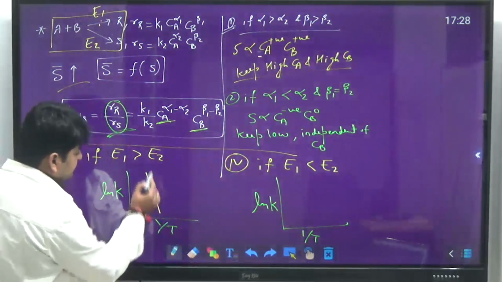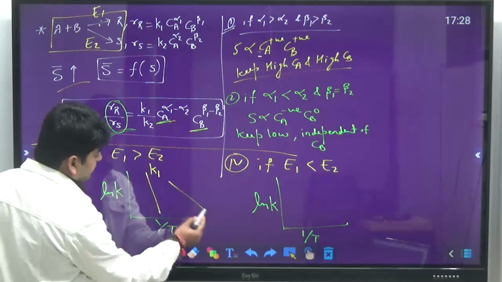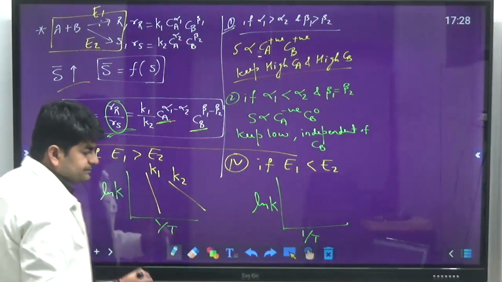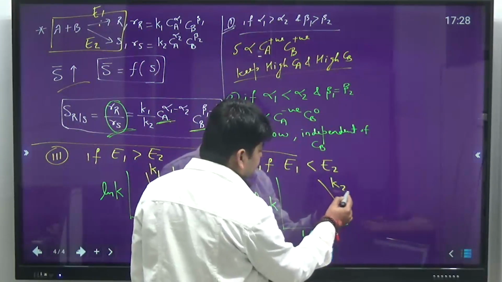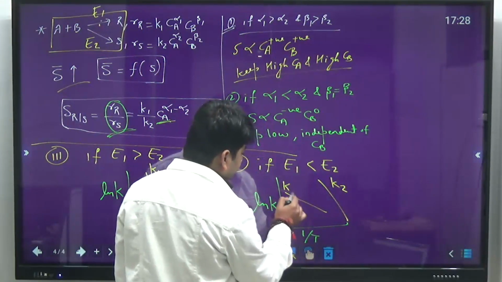So my K1 curve is something like this and K2 curve like this. And similarly here, the slope of the K2 curve will be more as compared to the K1 curve.